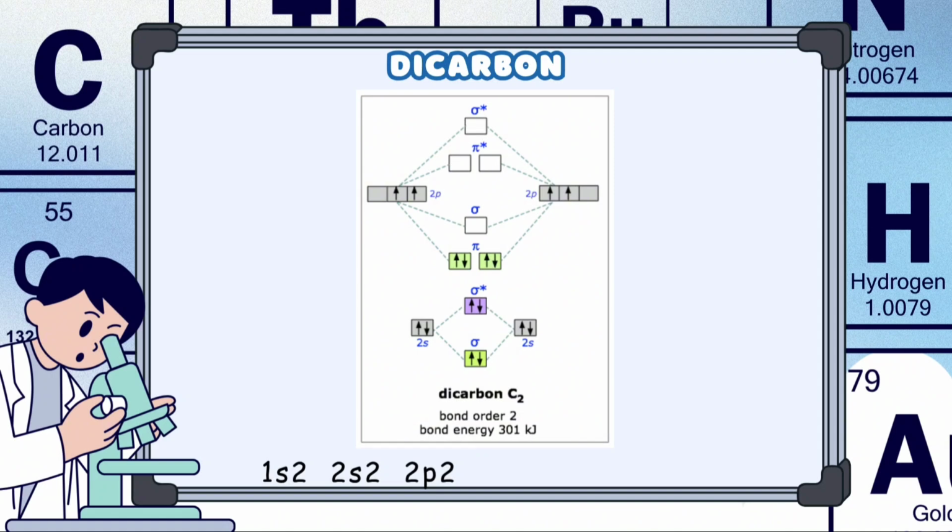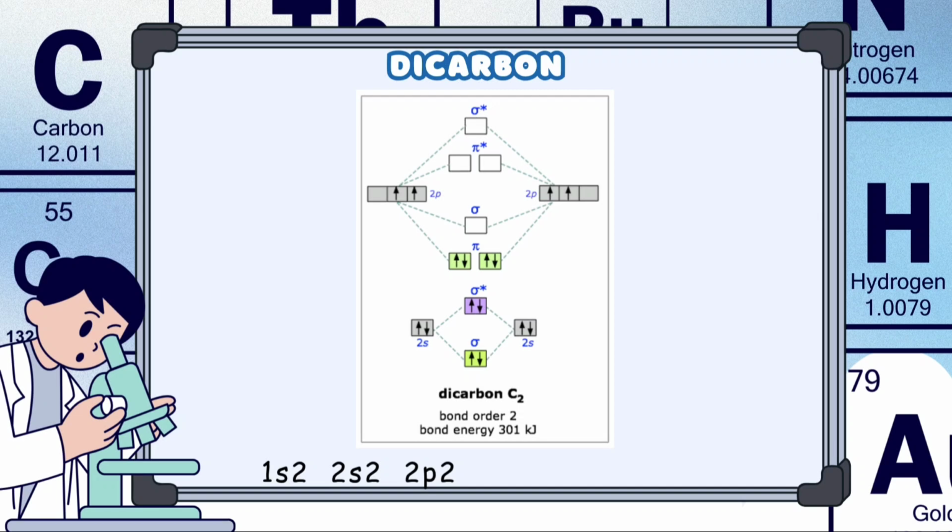In the 2s orbital, each carbon atom gives us two electrons, so two electrons on each atom gives us four electrons overall. We can fill up both the bonding sigma orbital and the anti-bonding sigma orbital. So the 2s orbitals are full, and now we move on to the 2p orbital.